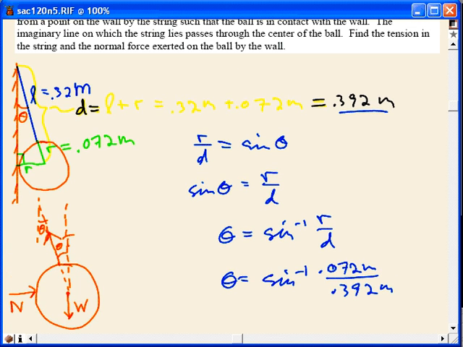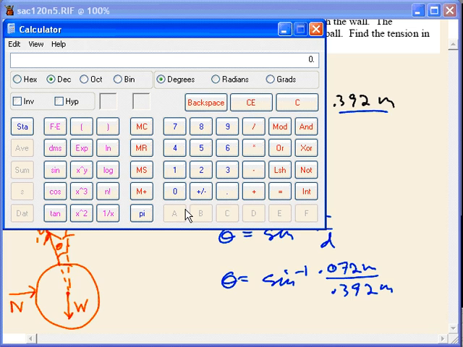Okay, let's go ahead and evaluate that. I'll take 0.072 divided by 0.392 equals, and then I want to take the arc sine of that, and I'm getting 10.58 degrees there, and go ahead and write that down.